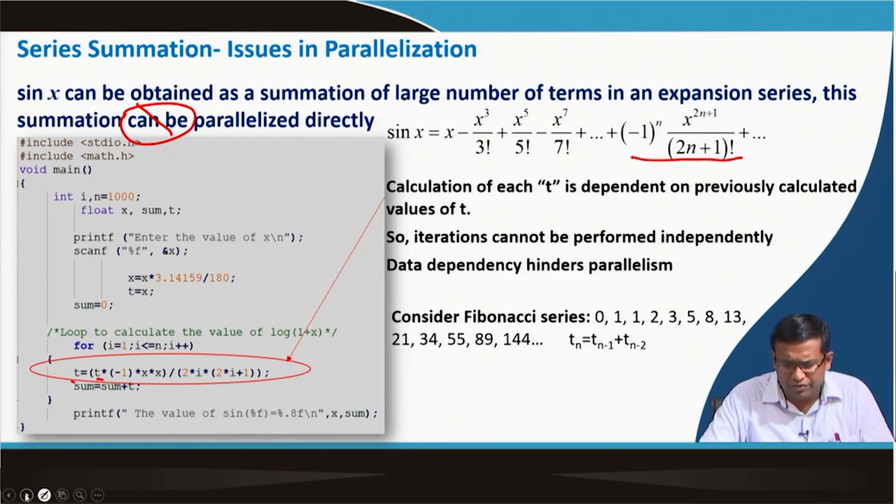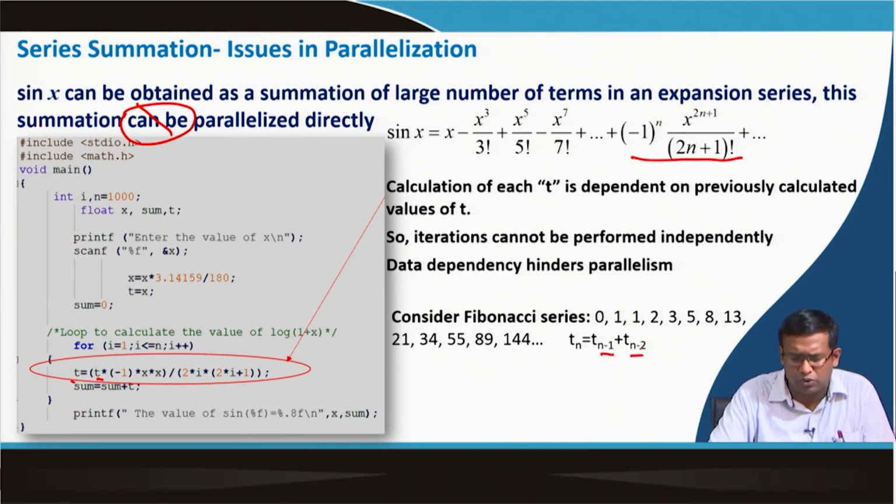And now you can consider the Fibonacci series, which starts from 0 and goes up to infinite terms. The nth term of the Fibonacci series is the summation of the n minus 1th and n minus 2th terms. Therefore, none of these terms we can calculate independently. So, this cannot be parallelized. What is parallelization?